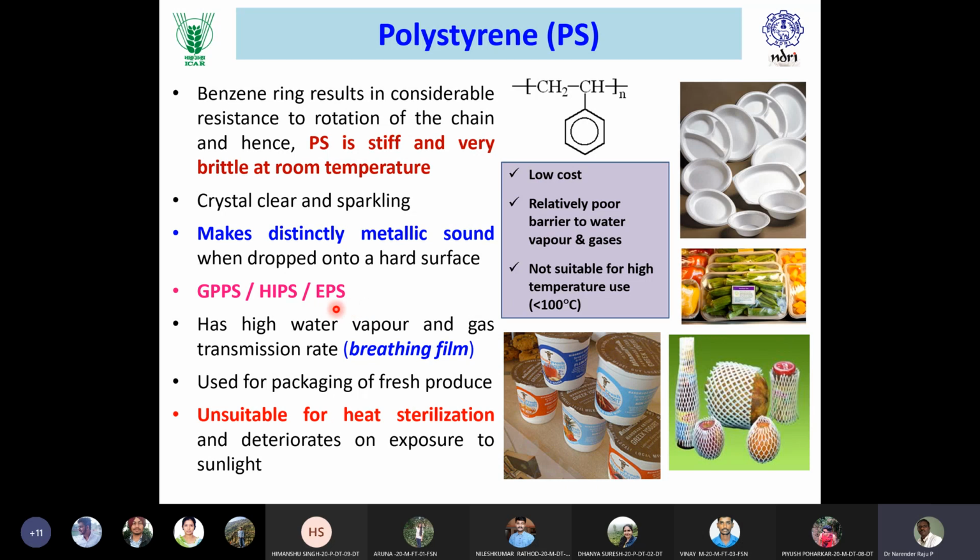There are three different types of polystyrene. General purpose polystyrene, that means the polystyrene prepared by addition polymerization of styrene, or high impact polystyrene where synthetic rubbers have been grafted.